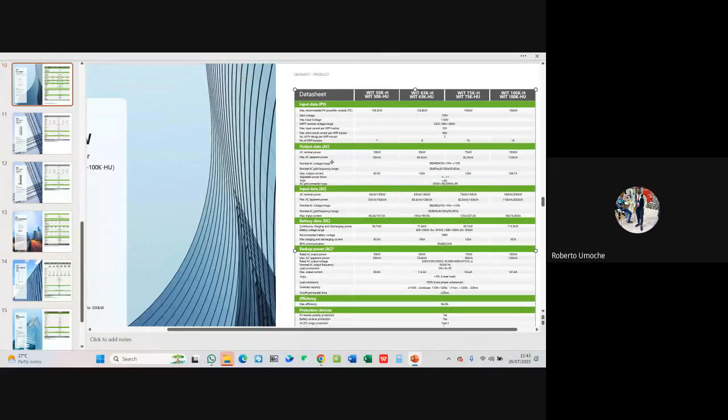That is the maximum apparent power for each of these capacities. The nominal AC voltage range is 380/415 volts. It simply tells you that this system is a three-phase system, three-phase input and three-phase output.